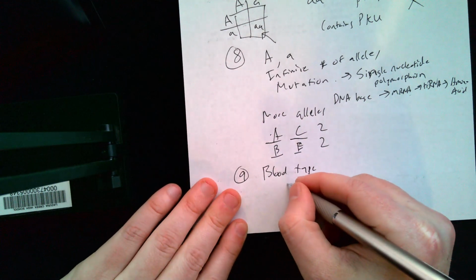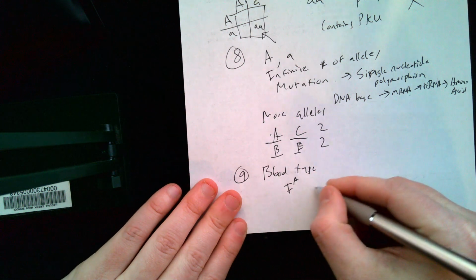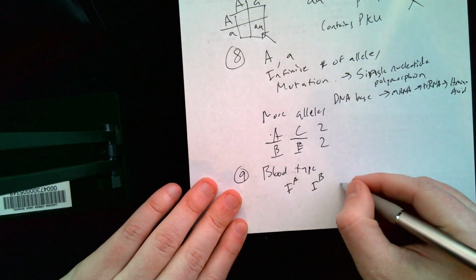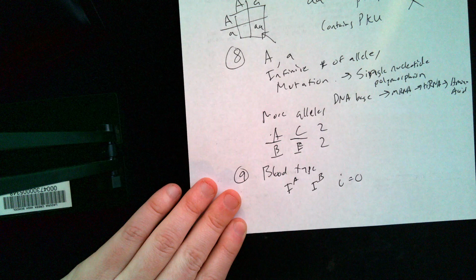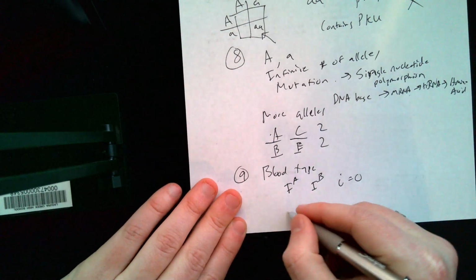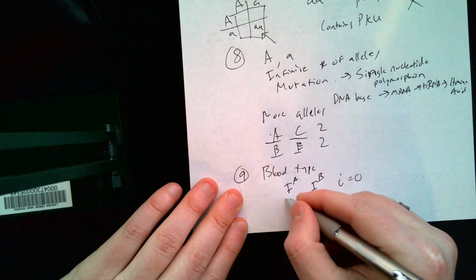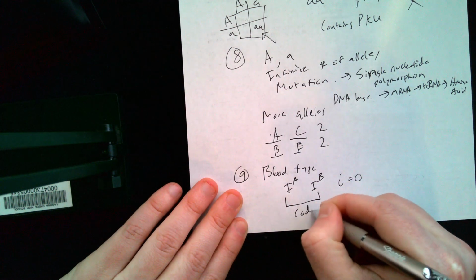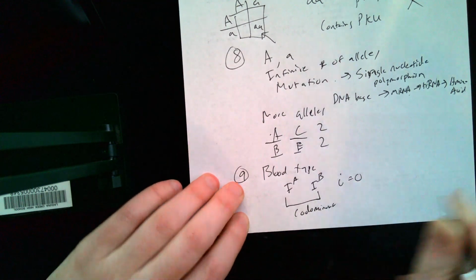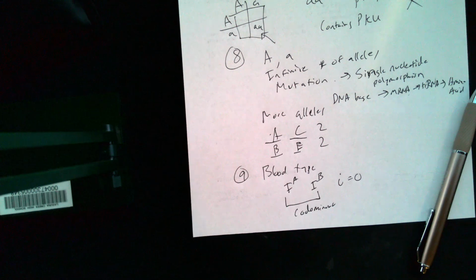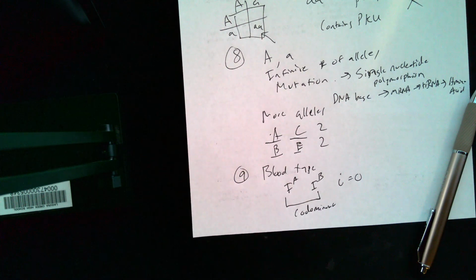And so you have 3. You have your A allele, your B allele, and your O allele. Okay? So these are your alleles. You would have 2 copies of each of these, and you get your different blood types. A and B are codominant, and they're both dominant over O. Hence the reason it's set up like this.